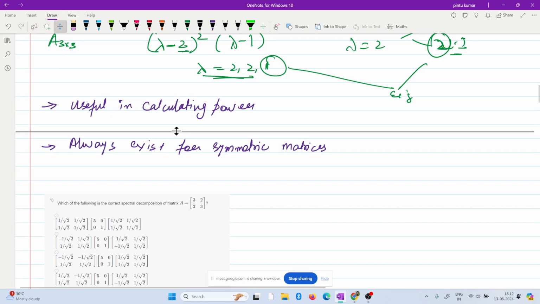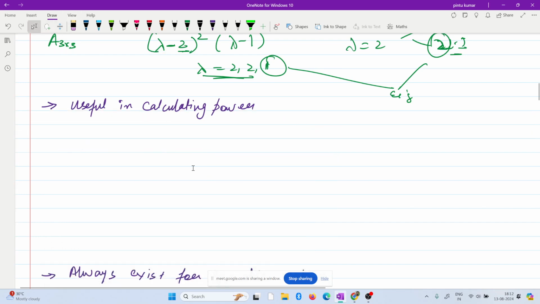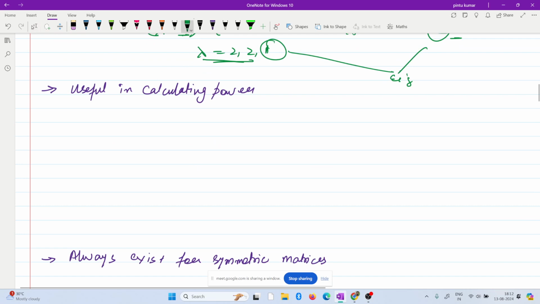This is the one application that we did in the last class. Why are these eigendecompositions useful? One thing is that they are very useful in calculating powers of a matrix.